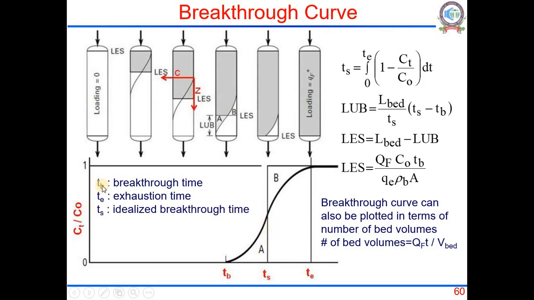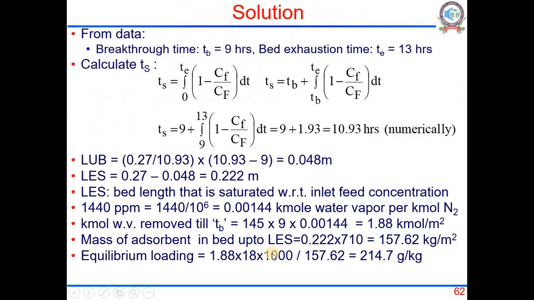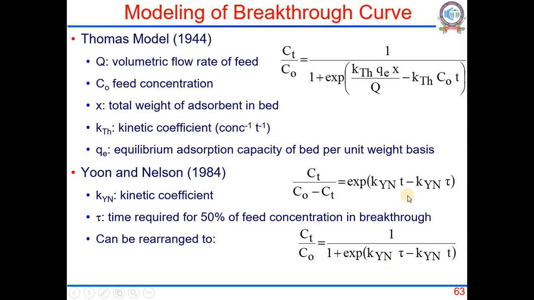Now this model we can rearrange and write very similar to the Thomas model. We see that there is a good similarity between this model and this model. So they are not really very different models. Their expressions are identical.